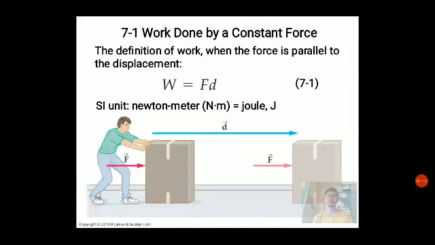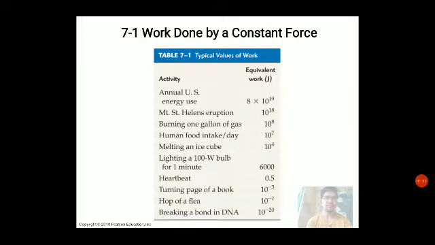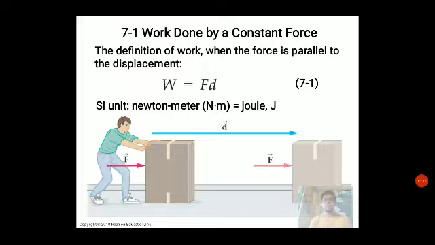First we have to define what is work. You might think that in our day-to-day living, work has the same meaning as work in the concept of physics. Work basically is the product of the force and the displacement.